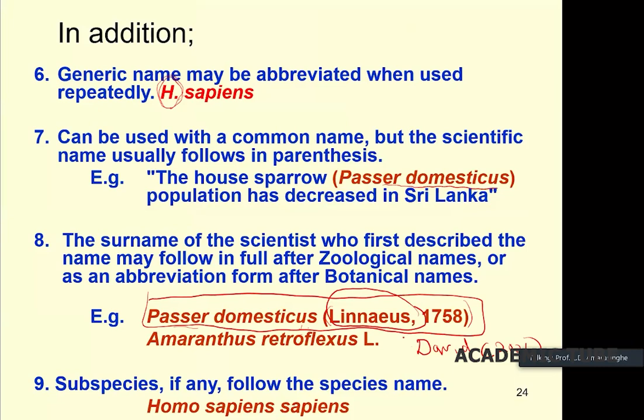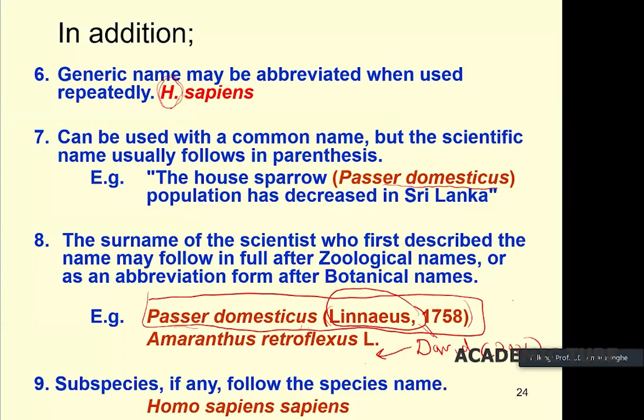So if they come to know it is the same species described by the second person, we can later treat the second naming given to the same individual as a synonym. We can write it like this.